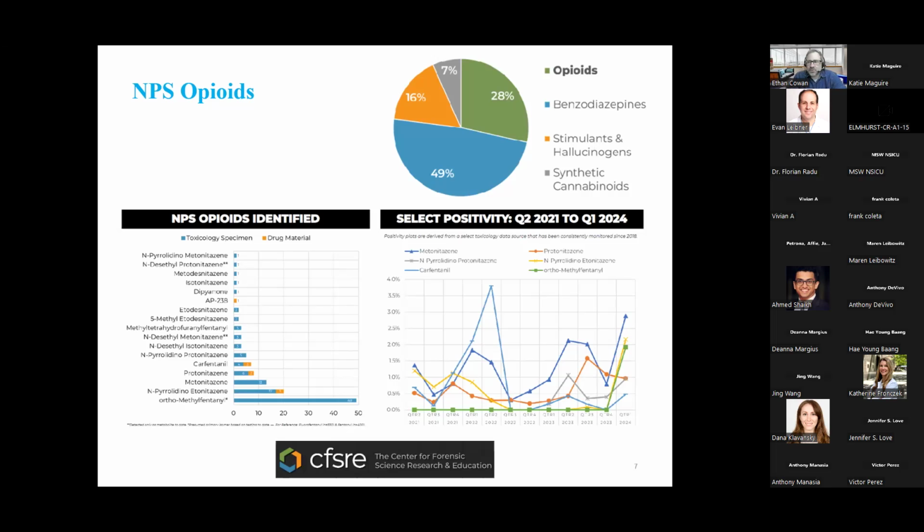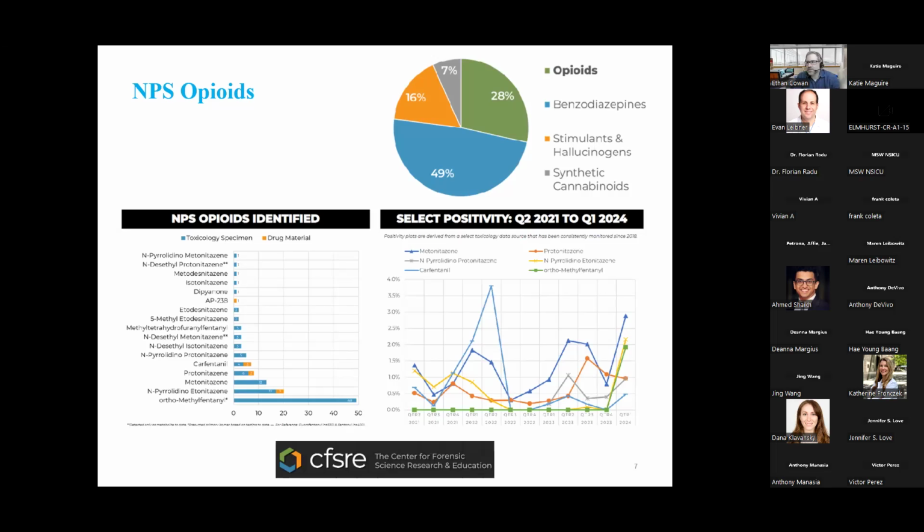The data that I'm showing here is from the Center for Forensic Science and Research and Education. This is the lab that we use for a lot of our studies. They collect biological and drug specimens from places around the country. And what you see here, at least on the left, is sort of a composite of the novel opioids that they've found in their analysis in the drug supply.